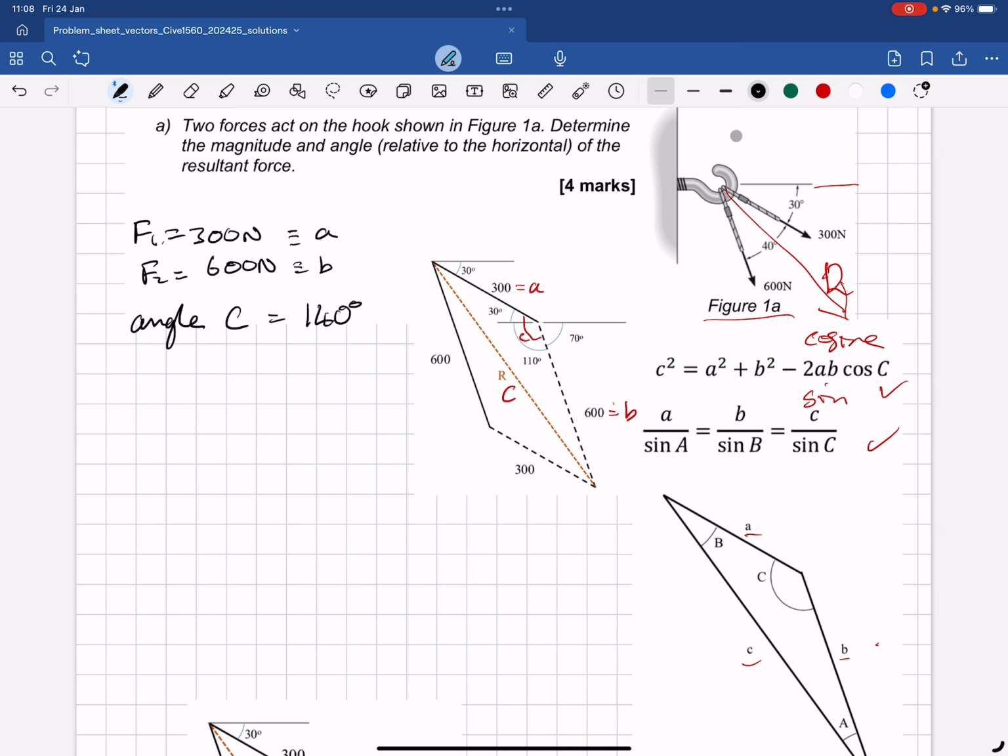Now you need to decide that from doing the geometry yourself. But essentially we've got this at 30 degrees, we've got this one at 70, so we can see that that's 110, so 110 and 30 is 140. So we'll use the cosine rule.